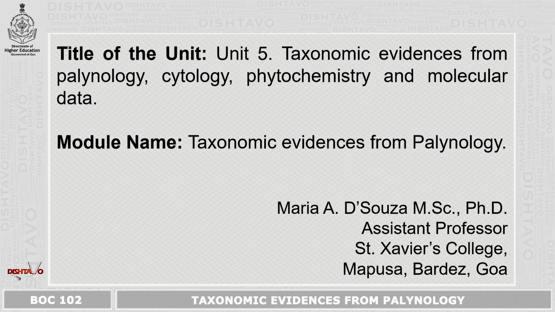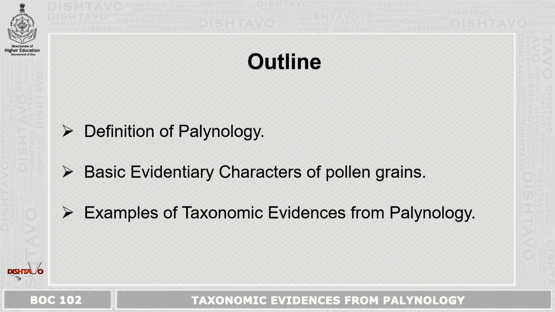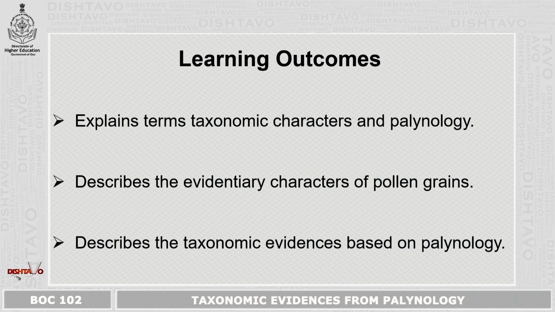The module name is Taxonomic Evidence from Palynology, which belongs to Unit 5, Taxonomic Evidences from Palynology, Cytology, Phytochemistry and Molecular Data. The outline of the module will be Definition of Palynology, Basic Evidentiary Characters of Pollen Grain, and Examples of Taxonomic Evidences from Palynology.